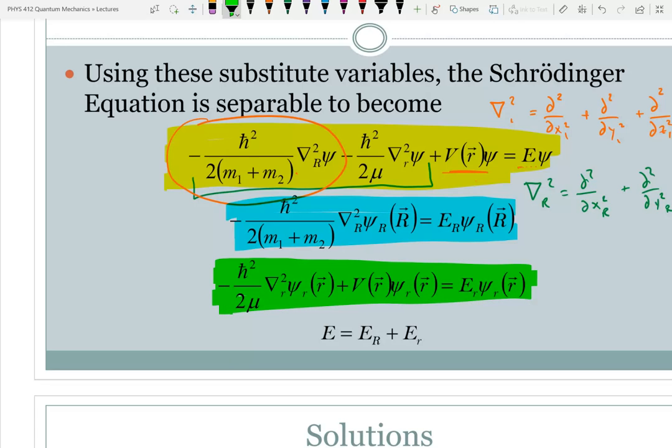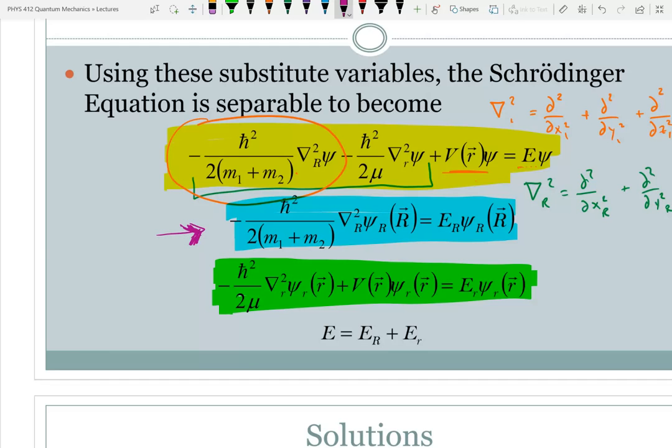Now, inherent to this, but not written, was that psi is psi capital R times psi lowercase r. If you don't do that, you can't separate it. But now we've separated into two separate equations. One equation is actually simple. Which of these two equations is simple, gentlemen? This one, because the potential energy doesn't exist in that equation.